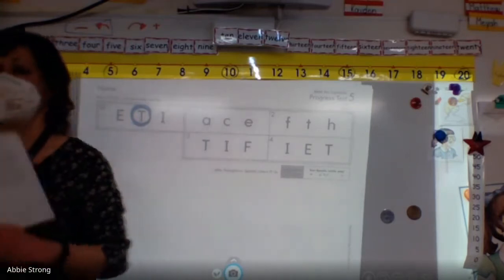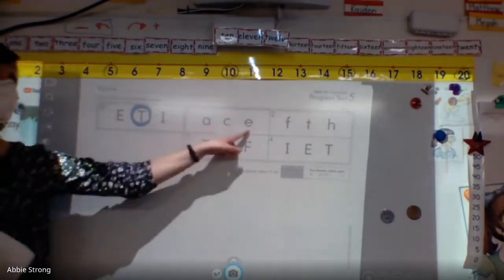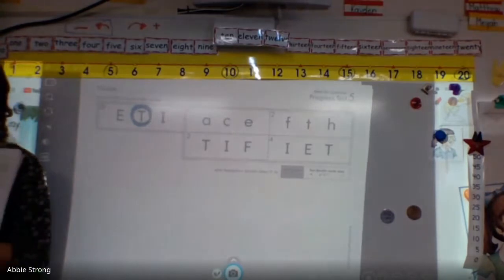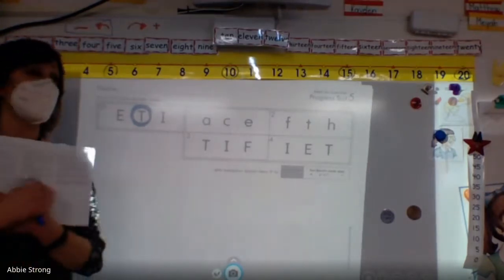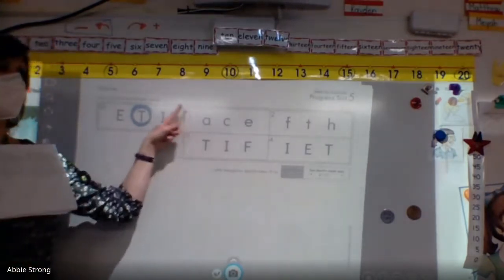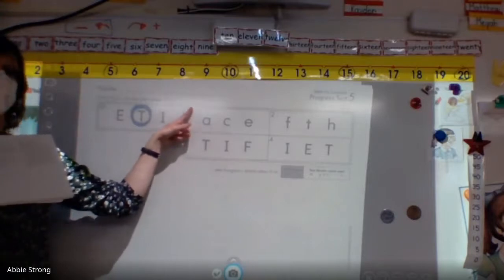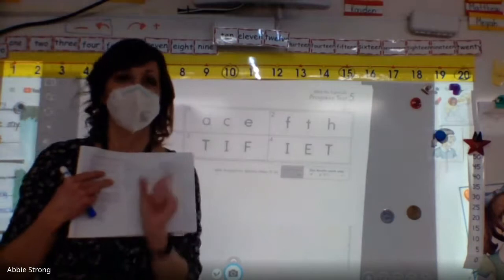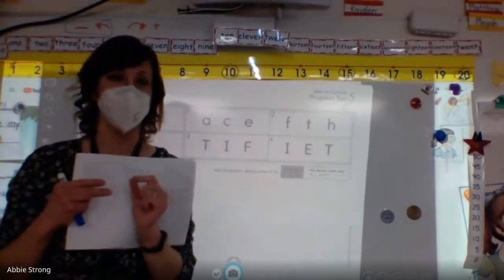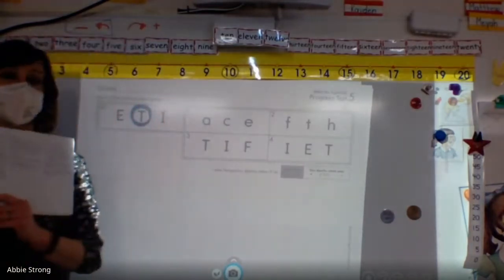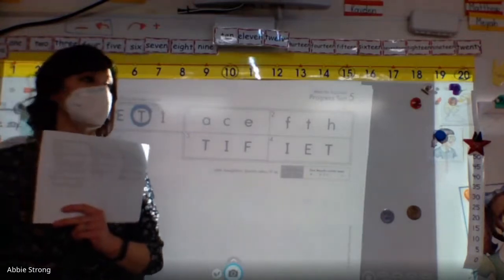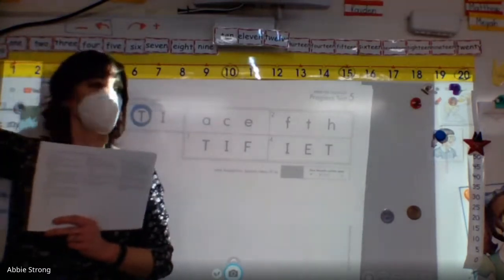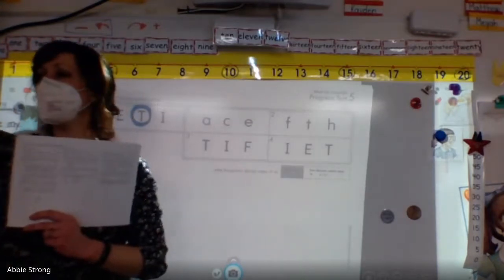Circle lowercase e, whichever one you think is lowercase e, circle that in this box right here in the number 1 box. Circle lowercase e. You're at home. I want you to write lowercase e for me on your paper. Lowercase e. Just give me a thumbs up when you've got that one done. Lowercase e.